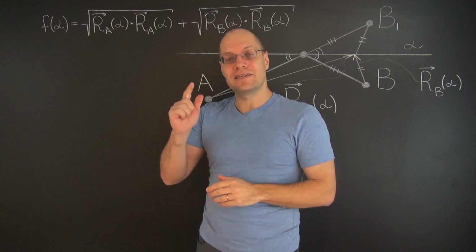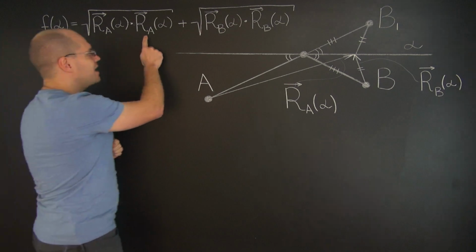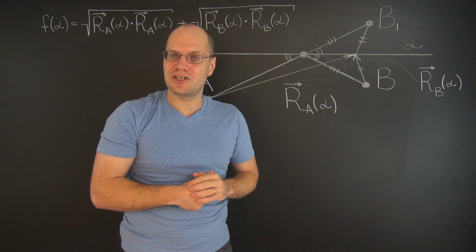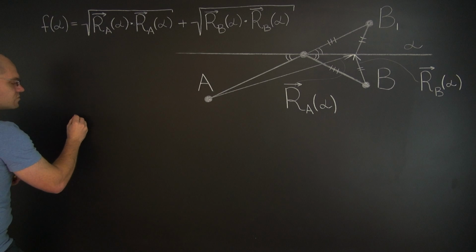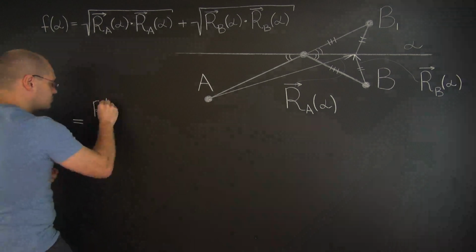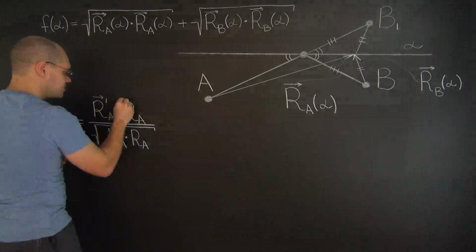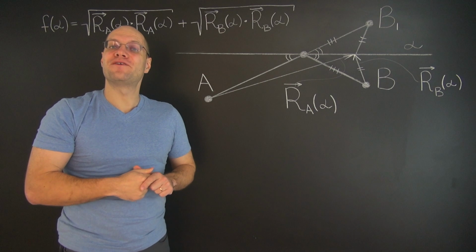And we know that we will get 2 times r sub a prime dotted with r sub a. So the 2's will cancel each other, and we'll be left with this. And a similar term for r sub b.